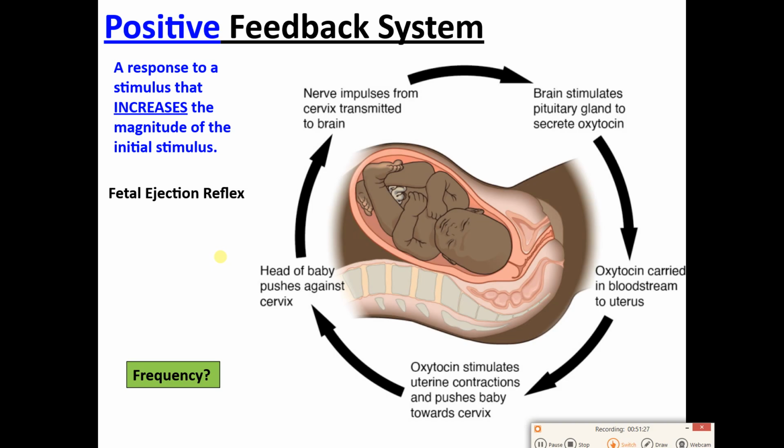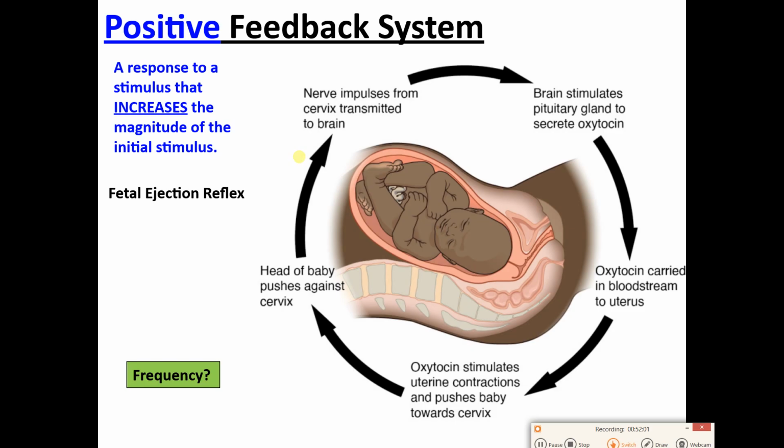Something goes up, then our response makes it go up more, which then makes it go up more, which then makes it go up more. Or in a similar fashion, something goes down and our response makes it go down more, and then more and more and more. Now, obviously, positive feedback cannot be that common in the body because it doesn't maintain something, right?